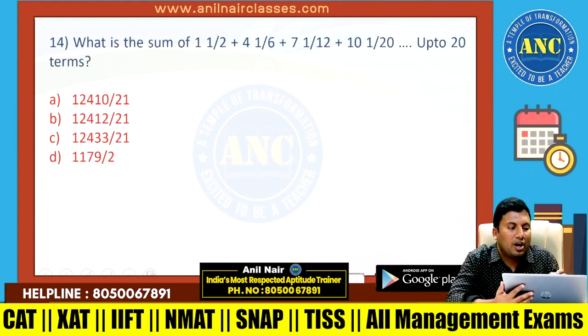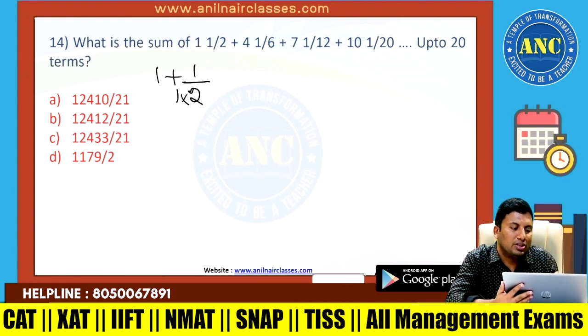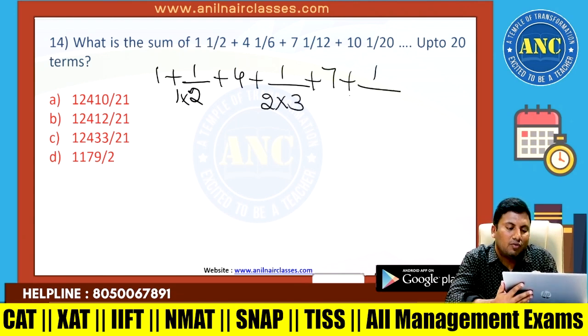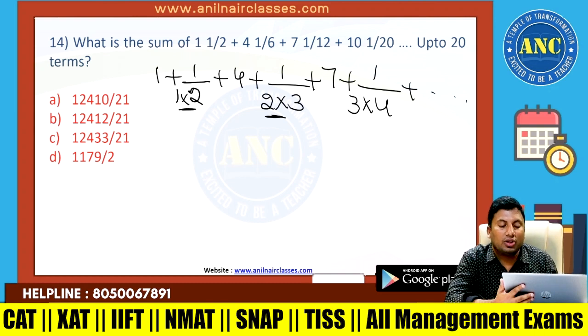Next one. 1 by 2, which is 1 plus 1 by 2. 1 into 2 is 4, plus 1 into 6 is 2 into 3, plus 7, plus 1 by 12 is 3 into 4. So every second term is 1 into 2. Fourth term is 2 into 3. Sixth term is 3 into 4. Second term denominator is starting with 1, 2 by 2, 1.